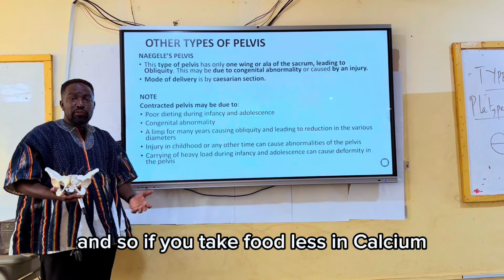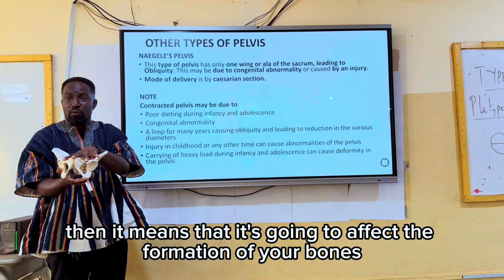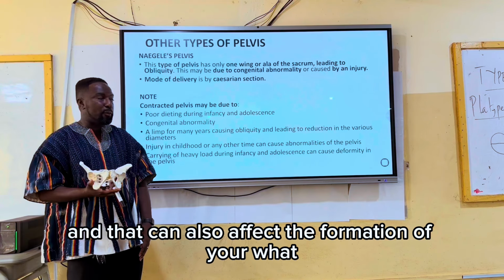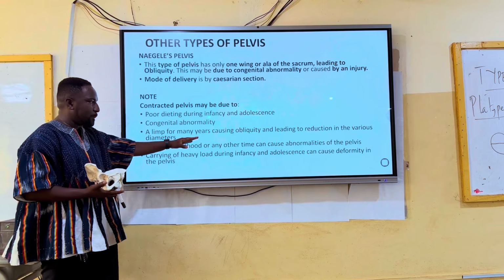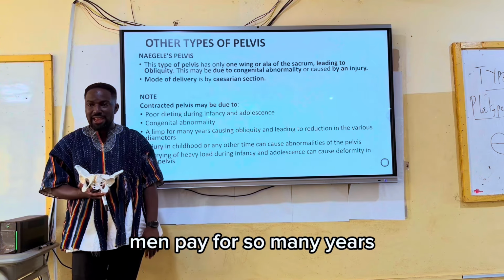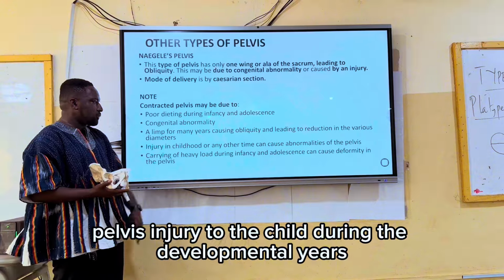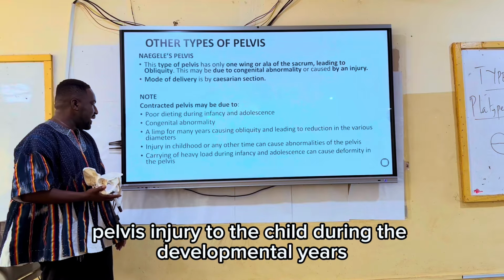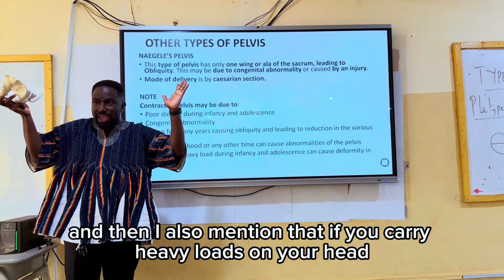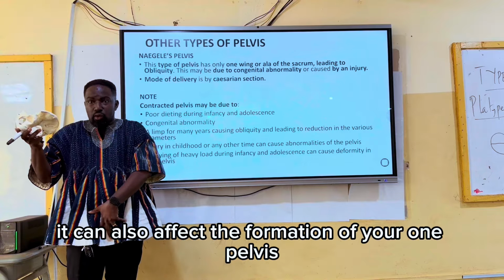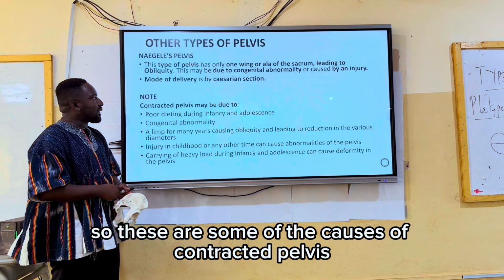And so if you take food less in calcium, it's going to affect the formation of your bones, and that can also affect the formation of your pelvis. But congenital abnormality can also be upon limping. Limping for so many years can lead to obliquity pelvis. Injury to the child during the developmental years. And then I also mentioned that if you carry heavy loads on your head, it can also affect the formation of your pelvis. So these are some of the causes of contracted pelvis.